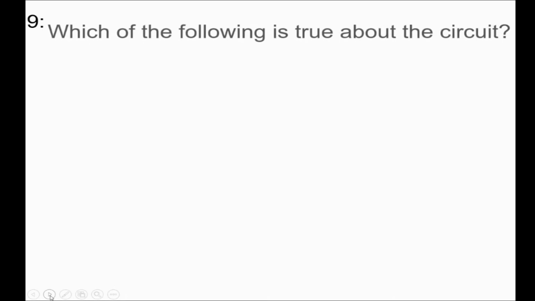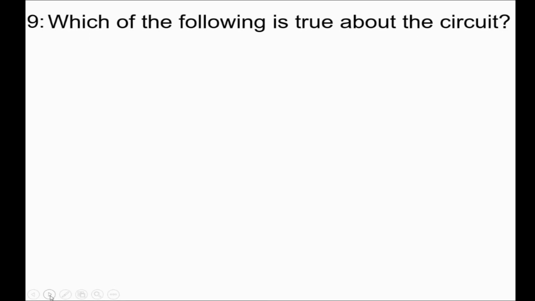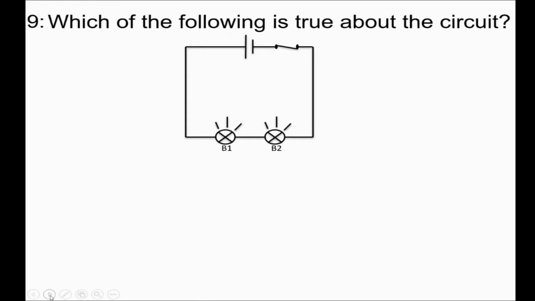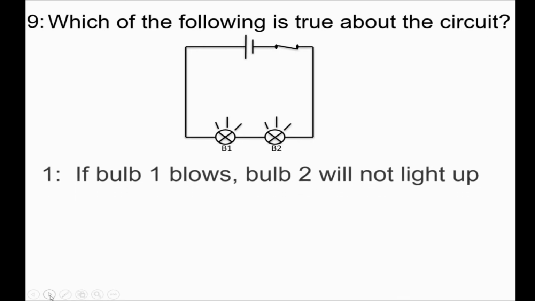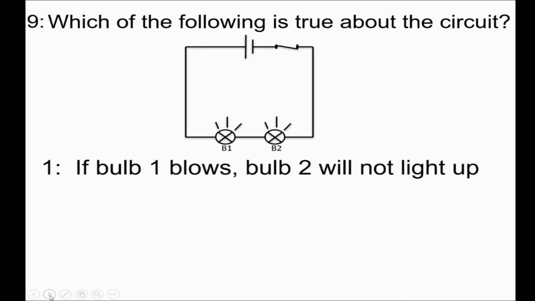Question 9 says, which of the following is true about the circuit? So this is a circuit. Two bulbs, one switch, and one battery. A says if bulb 1 blows, bulb 2 will not light up.